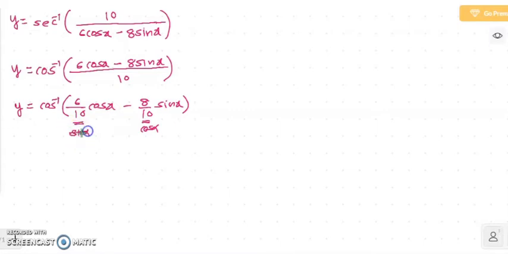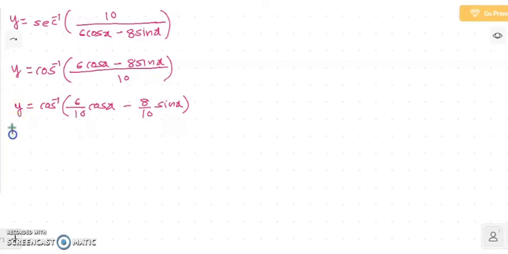So instead of sin alpha, write it as cos alpha, and this will be sin alpha. Now see how it looks. Cos alpha cos x minus sin alpha sin x, which is cos of alpha plus x. Cos inverse of cos of alpha plus x will work, and therefore we shall put 6 by 10 as cos alpha.